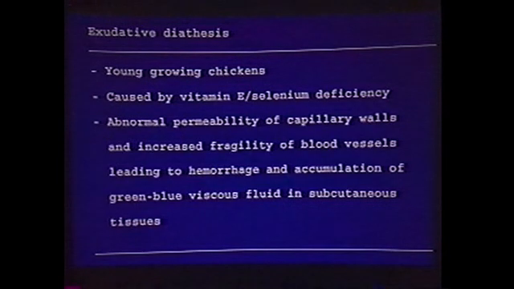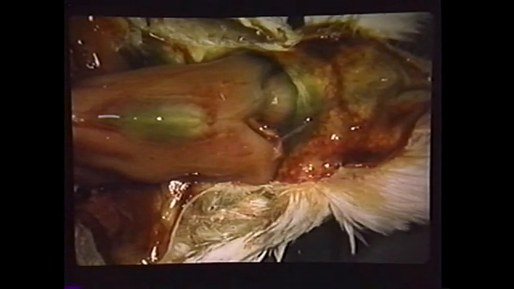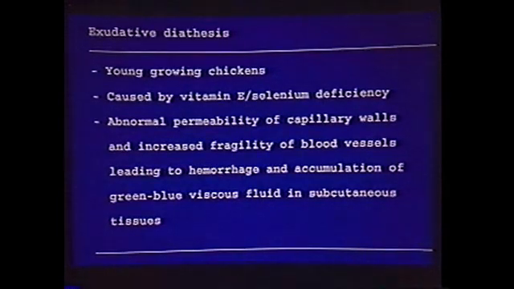They become permeable, they lose the blood, it sits under the skin, undergoes hemolysis, heme and globin break apart, the heme becomes biliverdin, bilirubin. Biliverdin becomes green in color in areas of lack of oxygen. That's how it looks.